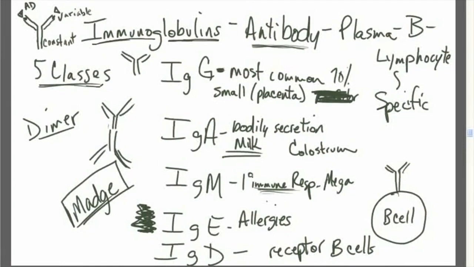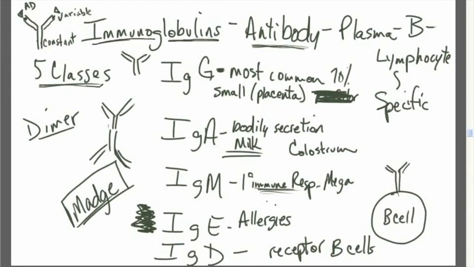The most common circulating antibody, somewhere around 70% of all of your antibodies, are the IgGs. IgGs happen to also be the smallest. They're the most numerous and they're the smallest. They are so small, in fact, that they are the only ones that can normally cross the placenta.